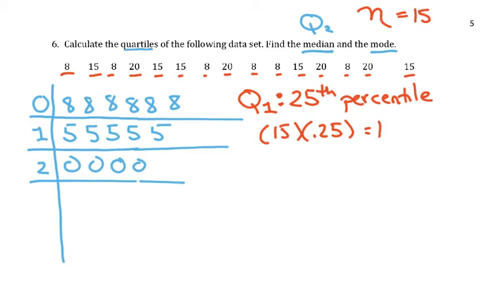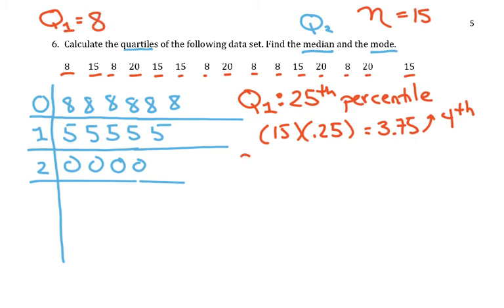That is 15 point, nope, sorry, I did a calculator error, 15 times 0.25 is 3.75. And what does that mean? How to interpret it? Use the fourth observation, which is 8. So Q1 equals 8.